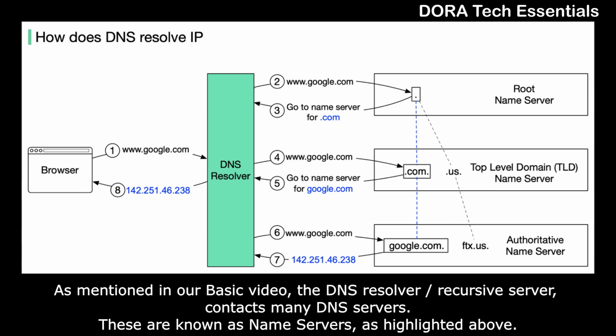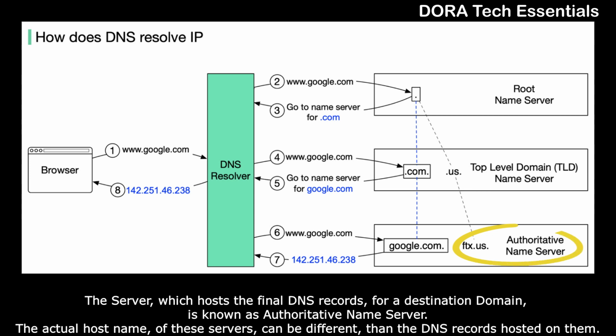As mentioned in our basic video, the DNS resolver / recursive server contacts many DNS servers. These are known as name servers, as highlighted above. The server, which hosts the final DNS records for a destination domain, is known as authoritative name server.